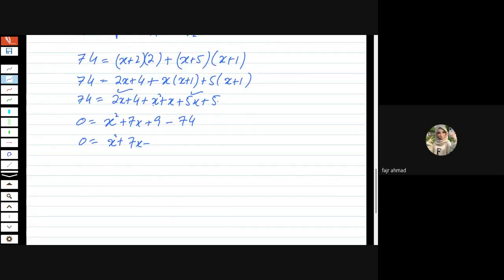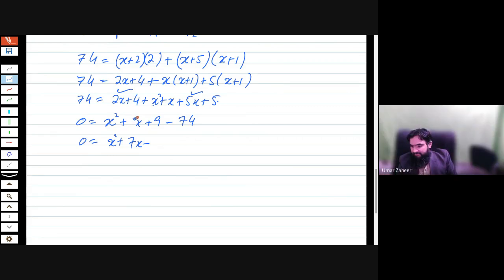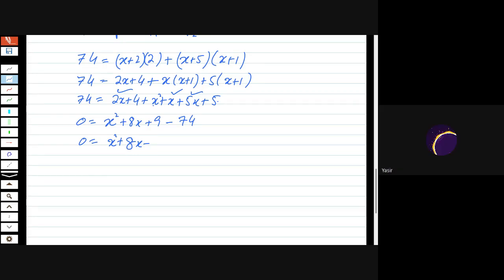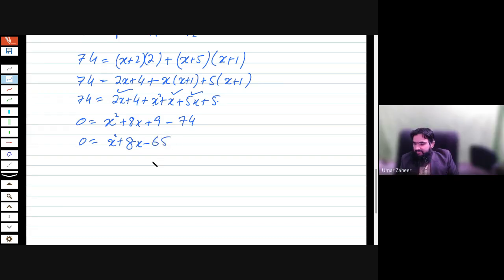Sir, in the equation there is one more x with 5x and 2x plus x, so it will be 8x. Then 9 minus 74 is minus 65.